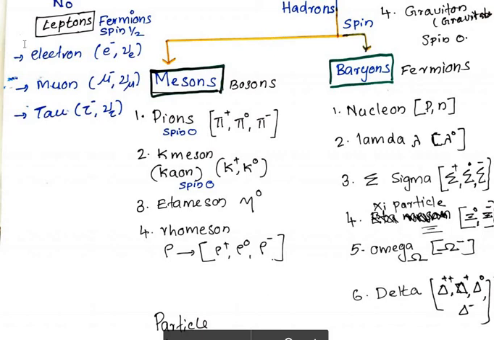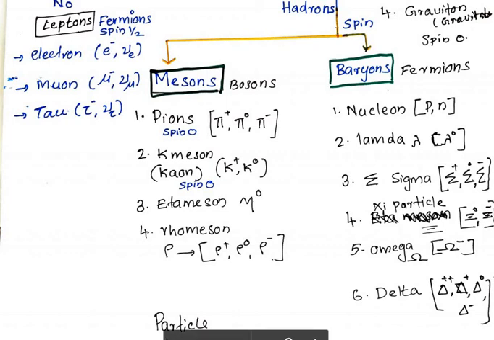So the leptons are the truly fundamental particles, with only 6 particles present in the leptons and 6 antiparticles also, totally 12 in number.